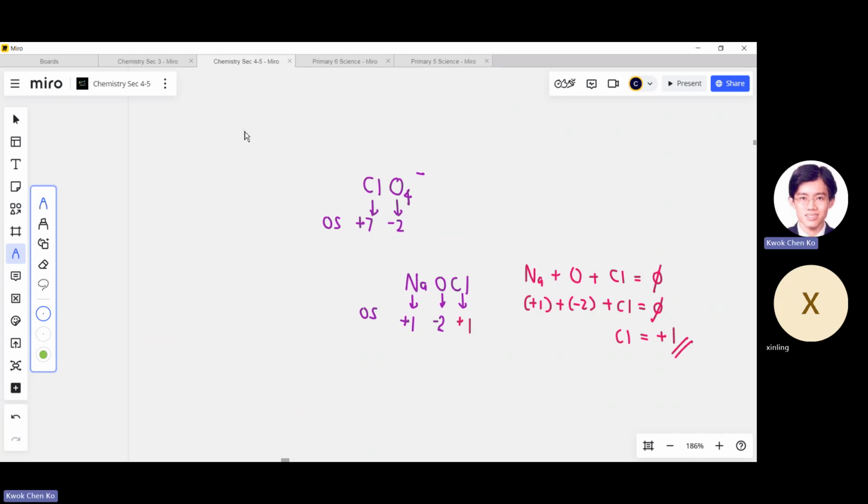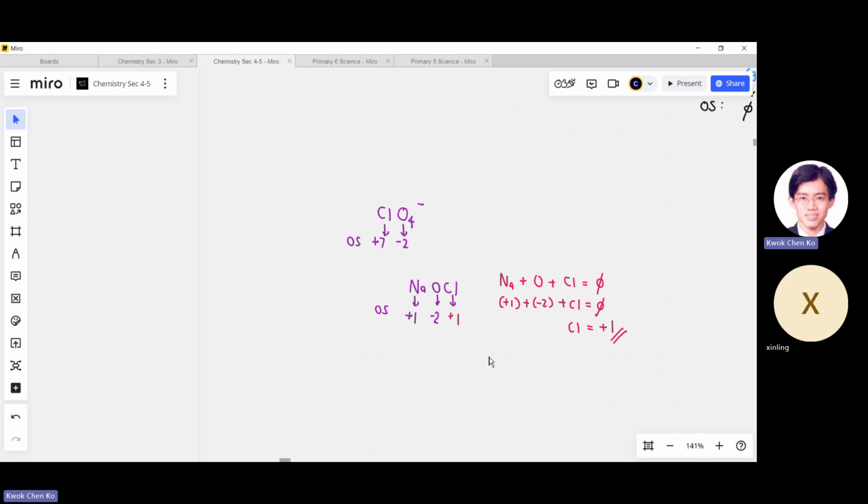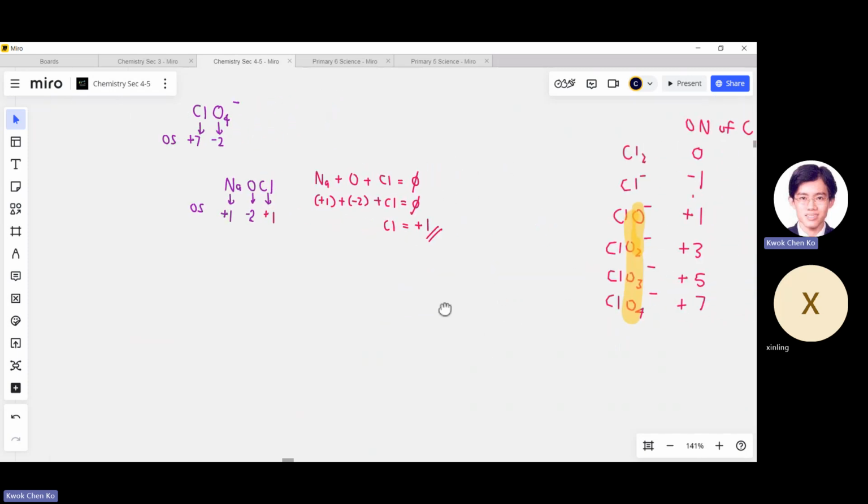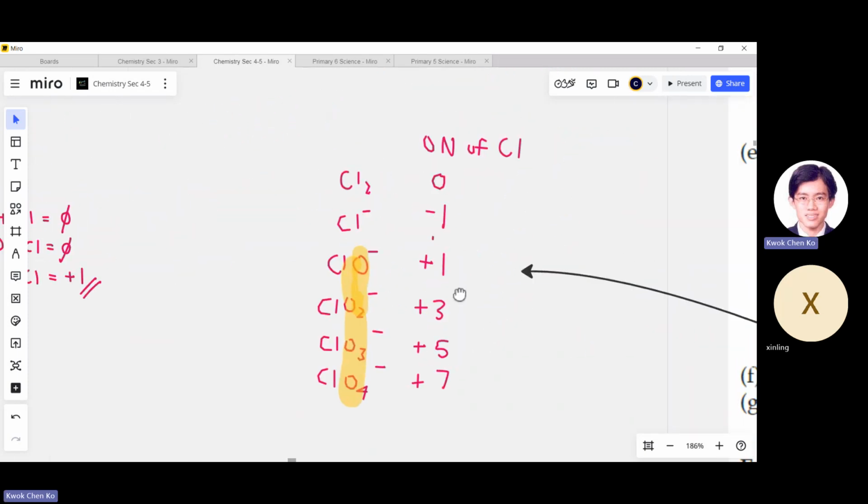So, moral of the story. Look out for this, guys. When you see chlorine, if it's combined with oxygen, look up because chlorine has 1, 2, 3, 4, 5, 6 possible oxidation states.